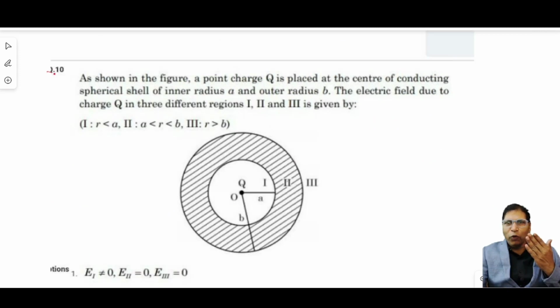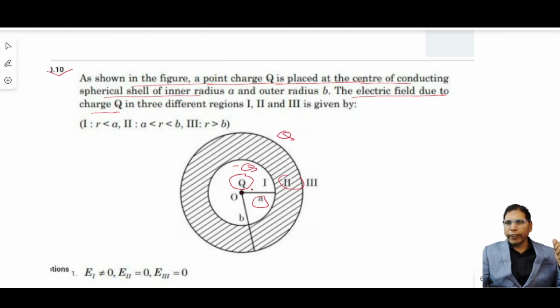Next. Now look at question number 10. As shown in the figure, a point charge Q is placed at the center of a conducting spherical shell of inner radius A and outer radius B. Okay, B is the outer radius. The electric field due to this charge Q at different regions 1, 2, 3 is given by... Look at this, Q charge at the center, here induced charge minus Q at this point and plus Q charge at this point.